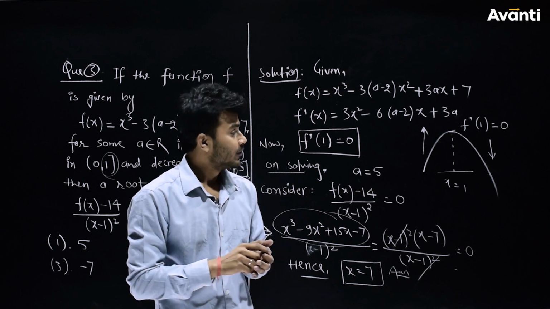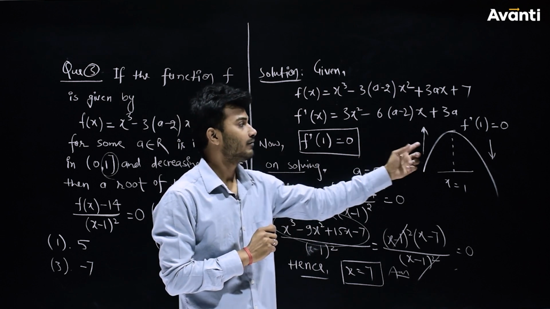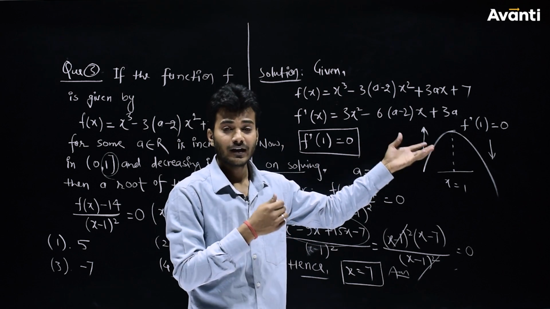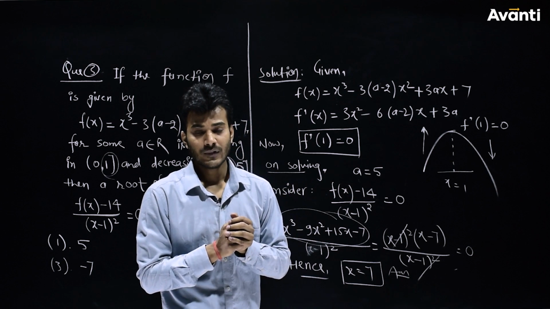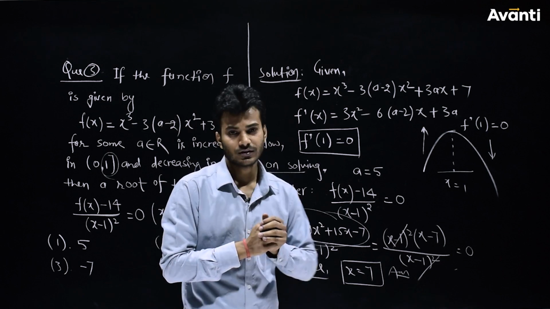The reason we can comment on f'(1) = 0 is that f'(1) exists, since 1 is in the domain. All right, so this is the solution for this given question.